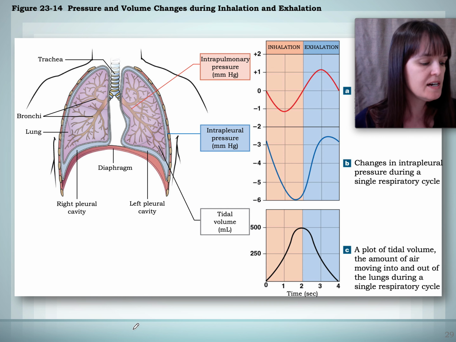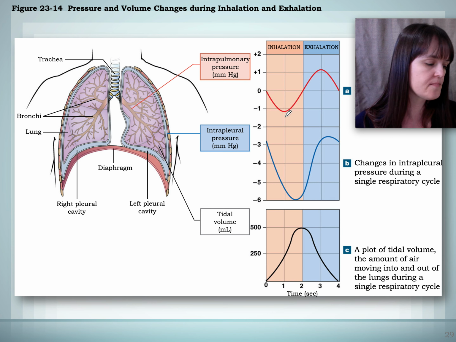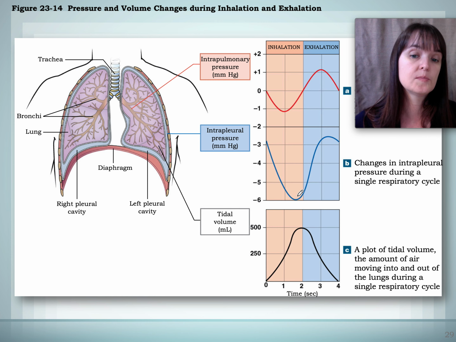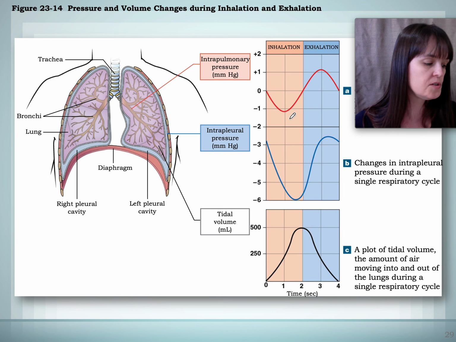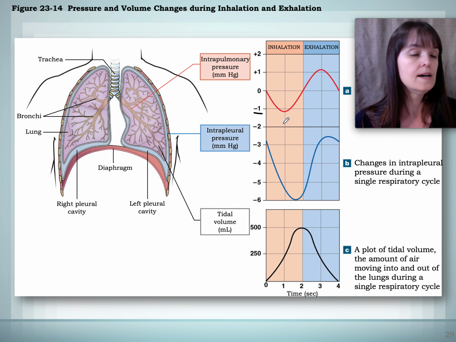On inhalation, the thoracic cavity increases in volume, making the intrapleural pressure fall, and intrapulmonary pressure falls to -1 millimeters mercury, forcing air into the lungs.